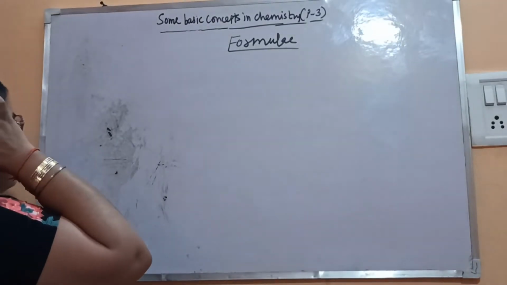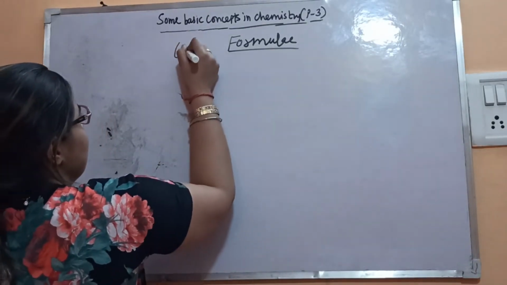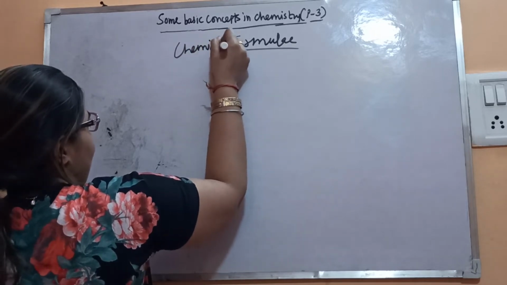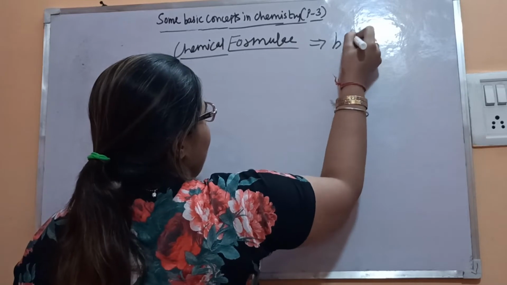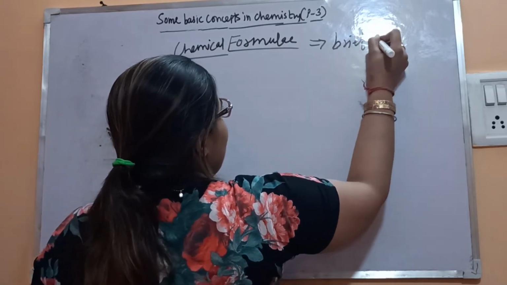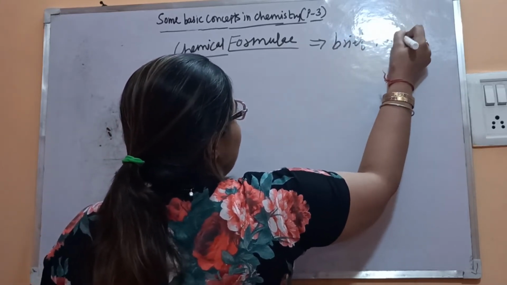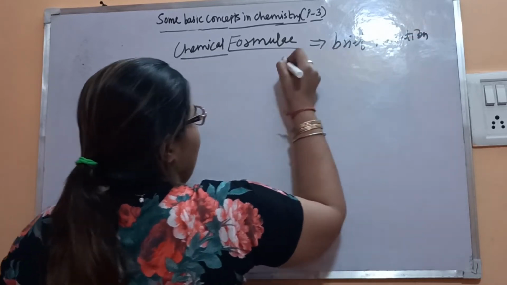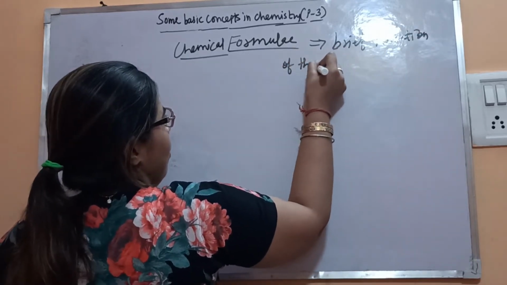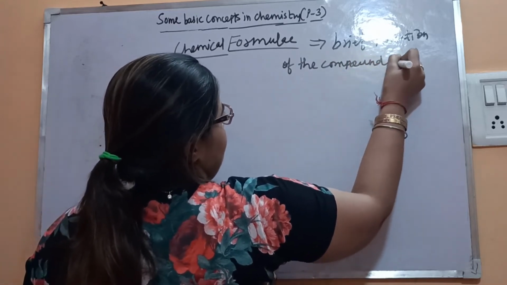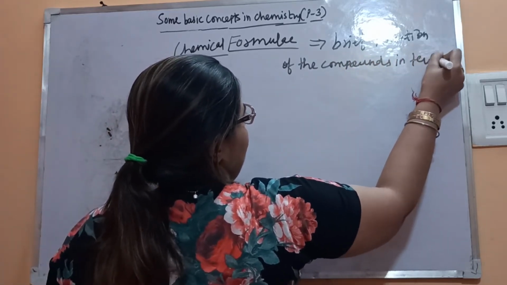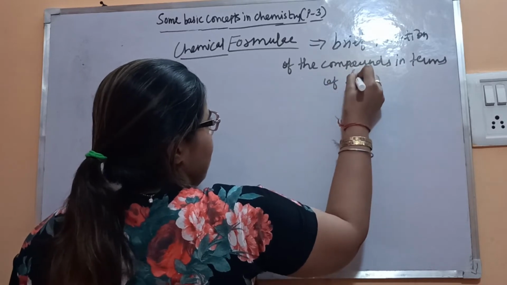So in chemistry, the chemical formula represents what? It represents the brief notation of the compound in terms of its symbols.